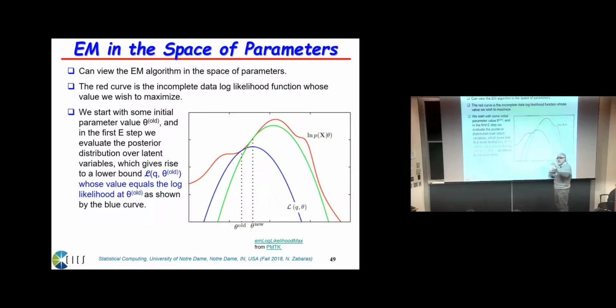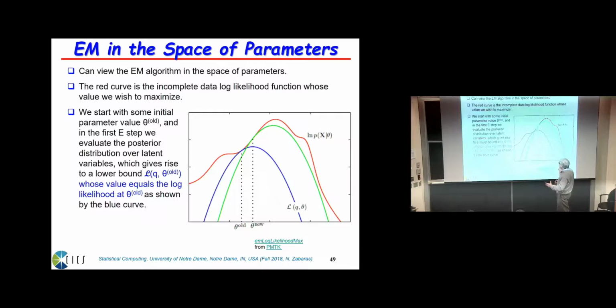If you remember the formula, the log likelihood is the lower bound plus the KL distance, and the KL distance is 0. So the lower bound on the E step will be the same as the log likelihood. And actually, if you take derivatives, the slope of the log likelihood and of the lower bound at theta old will also be the same. All right? So done with the E step.